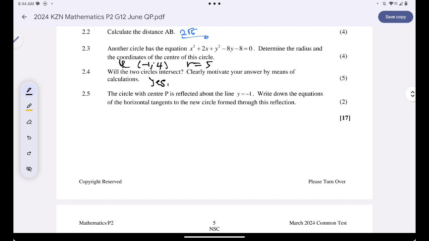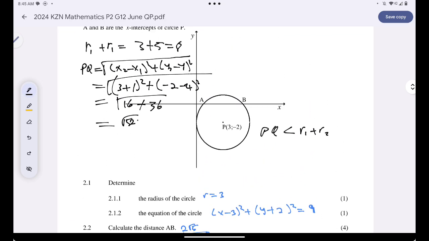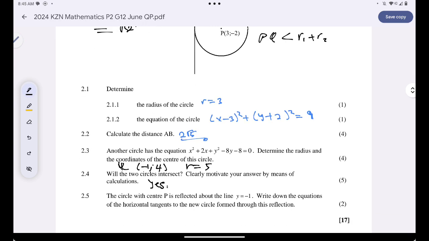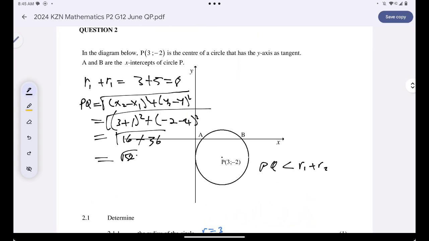Write down the equations of horizontal tangents to the new circle, reflected on the line y is equal to -1. Okay, let me erase here.